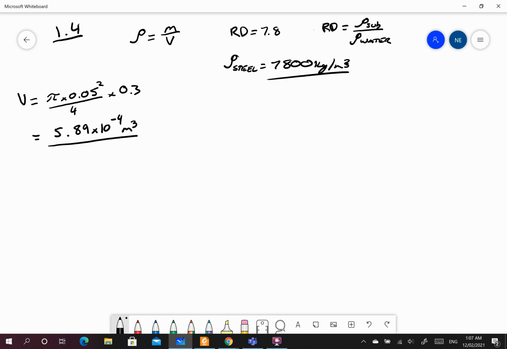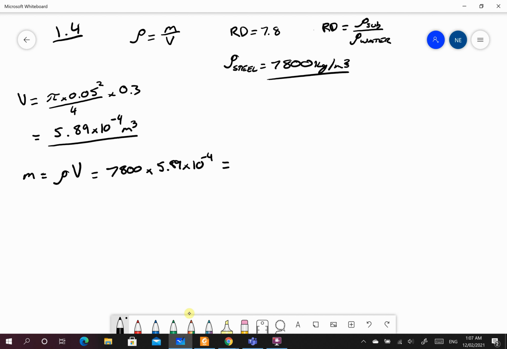That's my volume. So now I come back to this formula here, where my mass is equal to my density times my volume. Gives me 7,800 times by this one here, 5.89 by 10 to the negative 4.